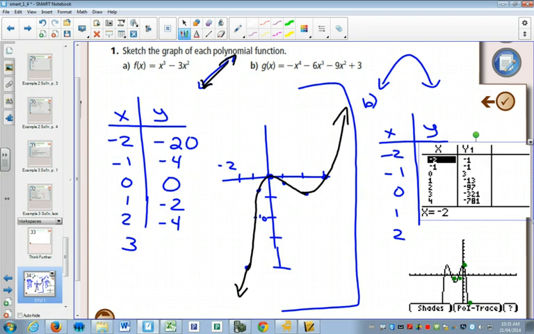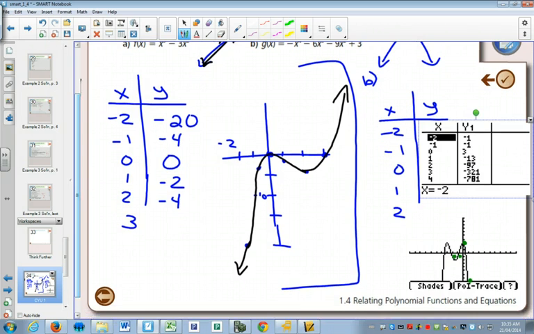Again, since it's an even-powered one, we know that it has to act like a parabola. And sure enough, this one is pointing down and opens down on both sides. So for this question, if you want to try some, 5, 6, and 8.